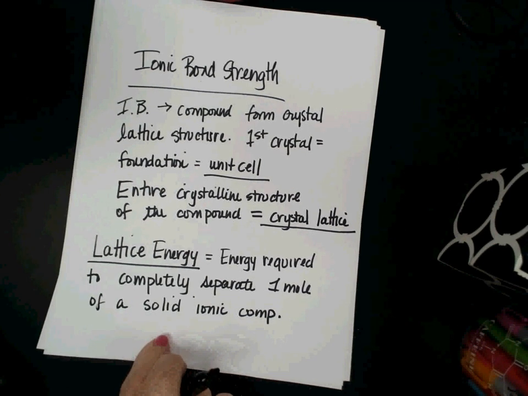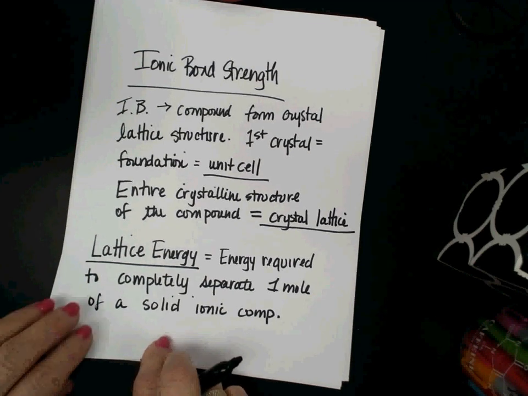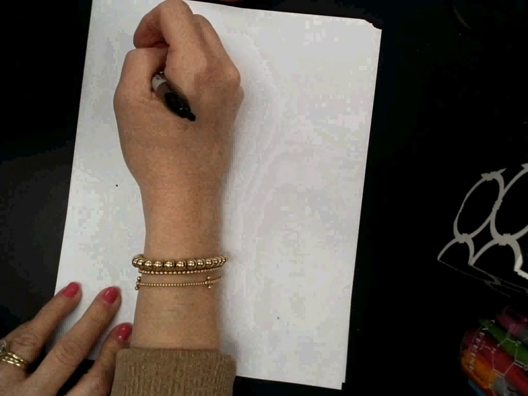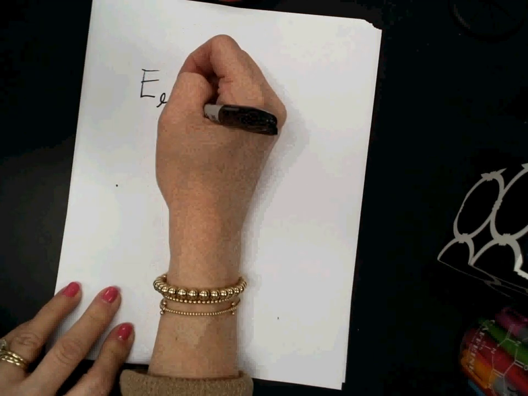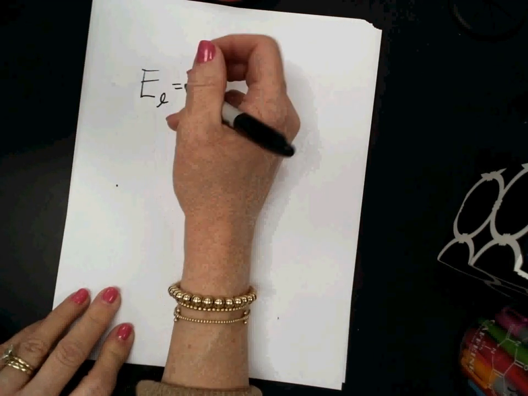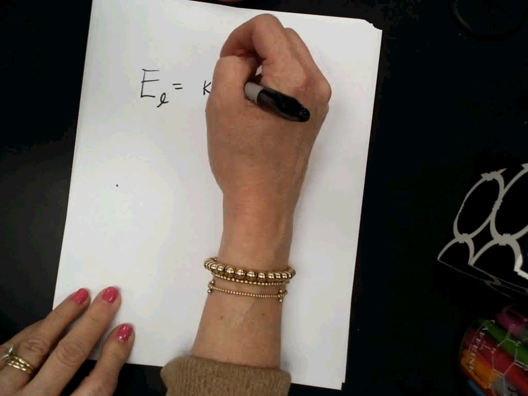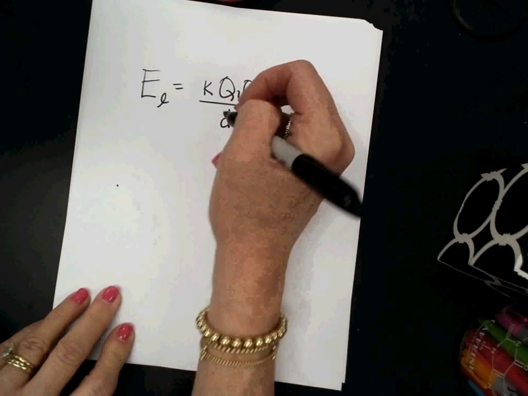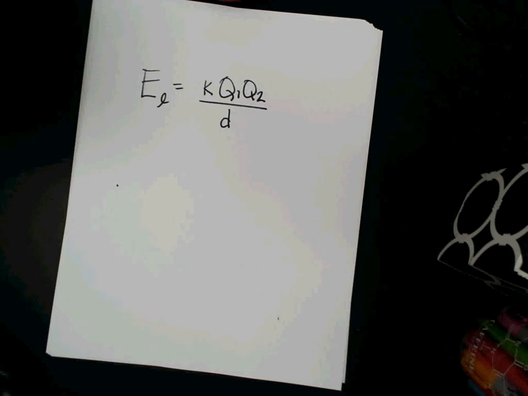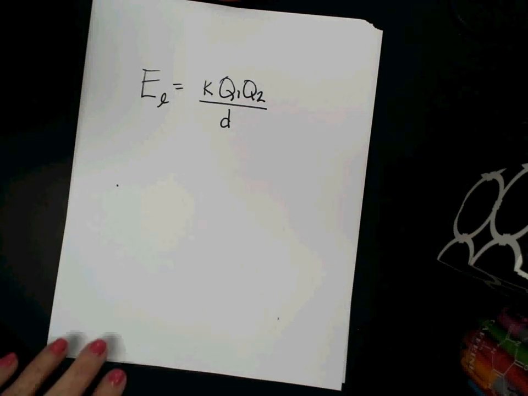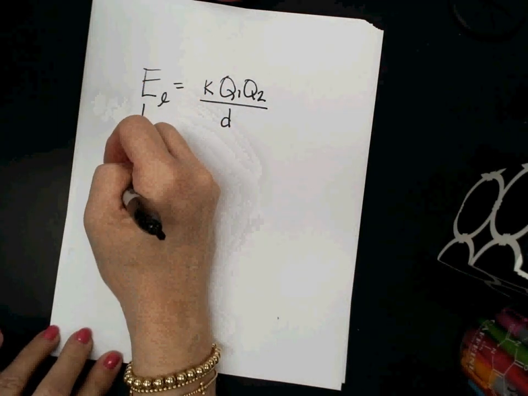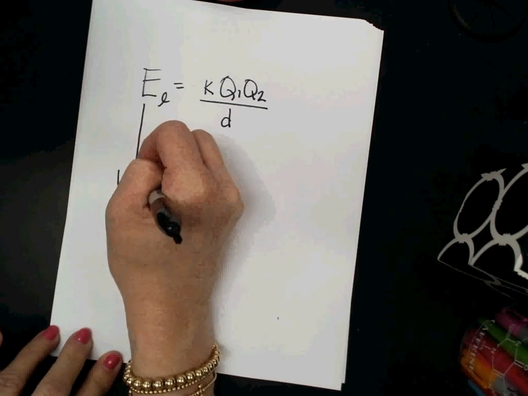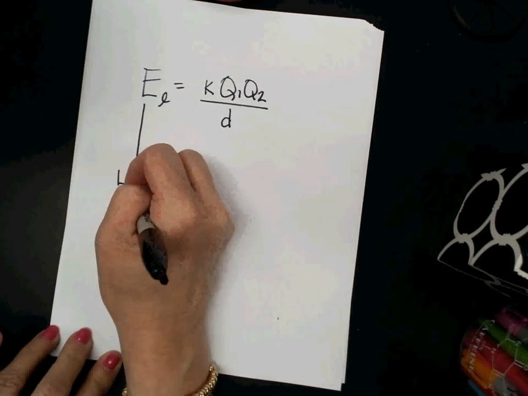And we have a really simple formula to figure out lattice energy. We say E sub L, script L, is equal to K Q1 Q2 over D. And I'll tell you what those things mean. This is lattice energy.